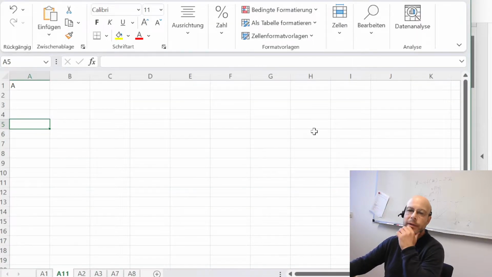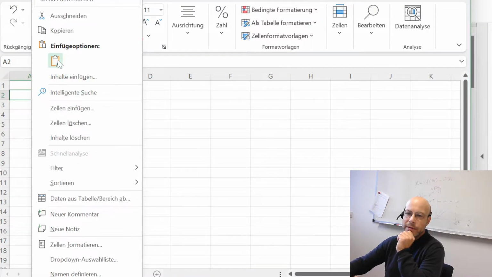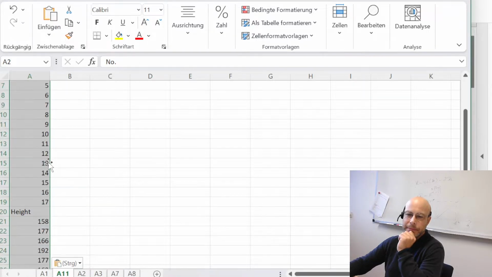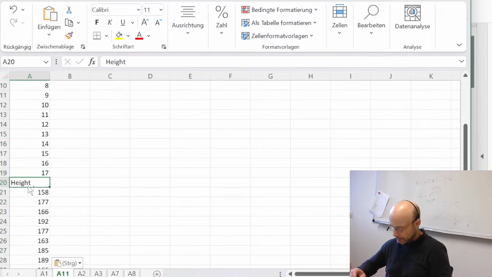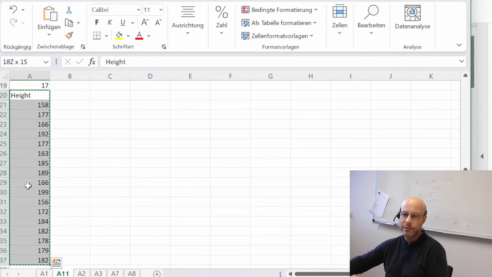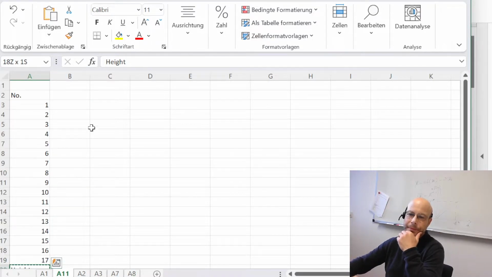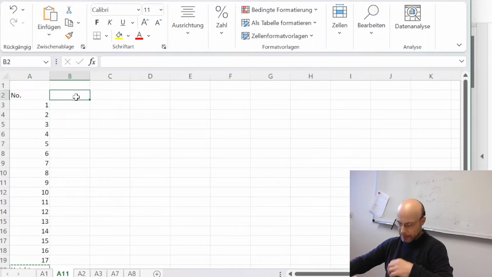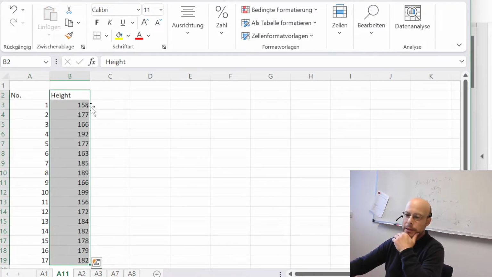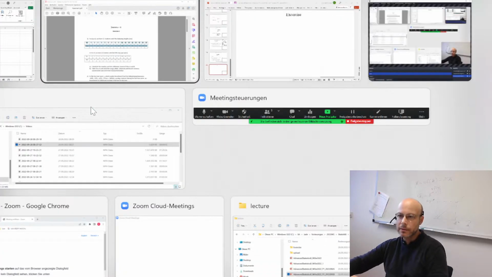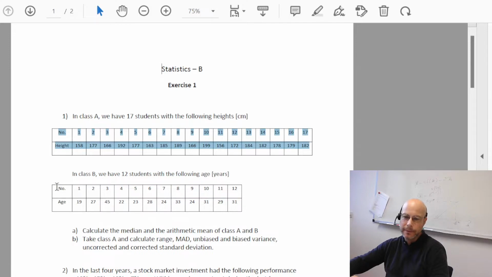Quite often you have data just in a PDF file, and therefore you should also know how to efficiently get your data inside your software tool. And then, take also the second class.